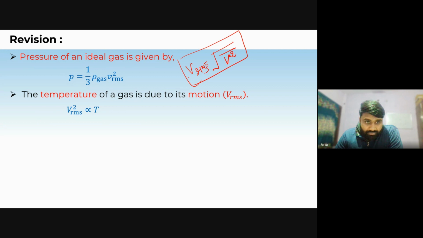Now the temperature of a gas is due to its motion, VRMS. We also know that temperature is nothing but the kinetic energy possessed by a molecule.